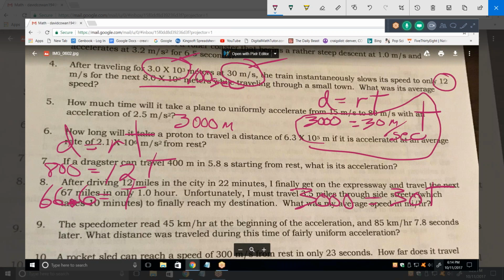Now, they want to know the average speed. Well, back to our d equals rt again. In this case, the distance, since they're talking about average, is going to be that first 3,000 meters plus the next 800. So 3,800 goes in for d.